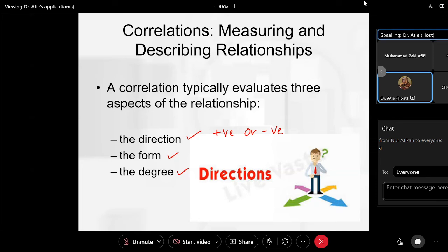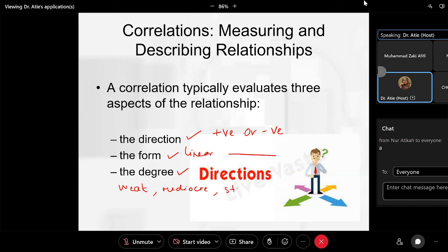The form is always linear, which means we must have a straight line. We cannot have a circle. And then the degree can be very weak, weak, mediocre, or strong.